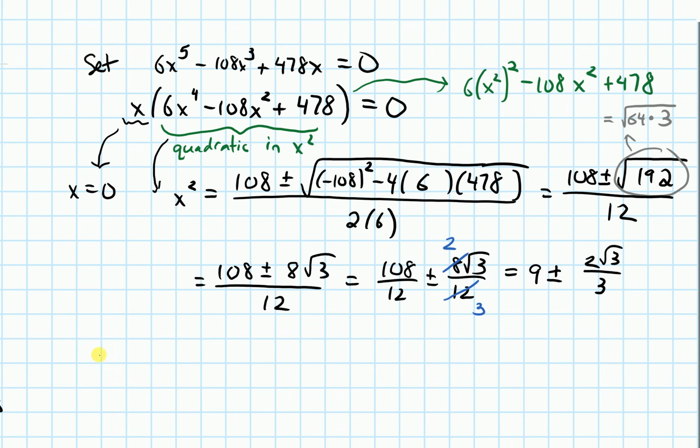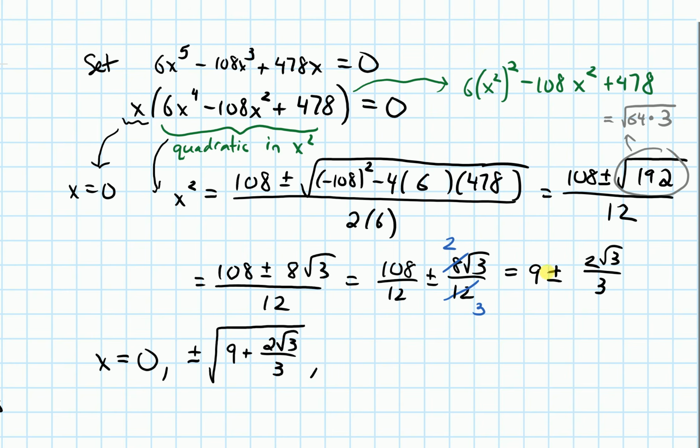Okay, so we have x either equals 0, or we have x squared equals 9 plus or minus 2 root 3 over 3. If I square root both sides, one possibility is 9 plus 2 root 3 over 3, the positive version, and when I square root both sides, I have to put a plus or minus.